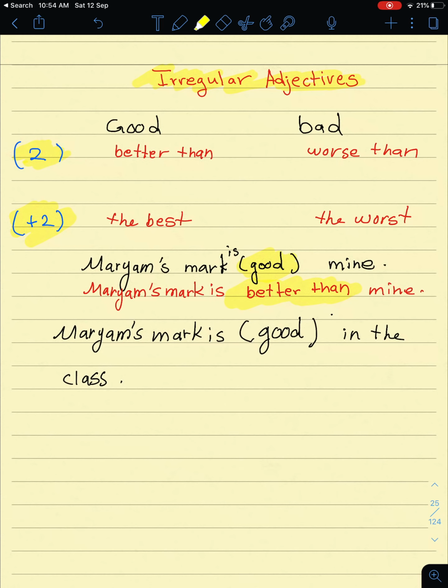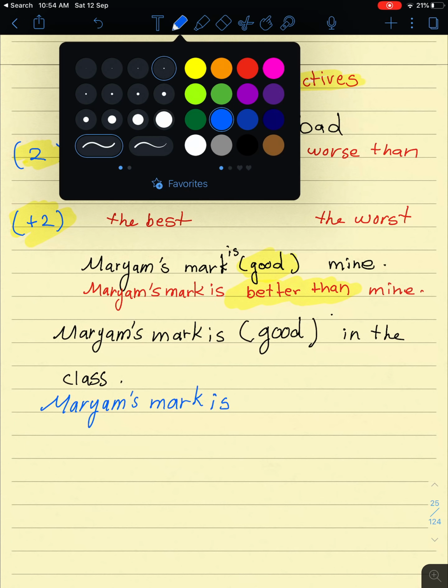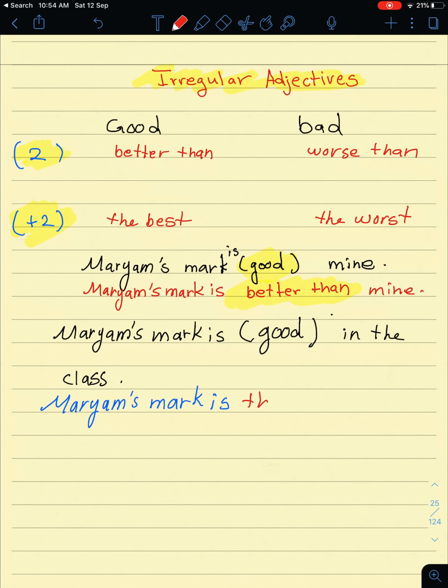So this is the superlative adjective. It will be بتكون okay Miriam's mark is, again good will be yes when we compare the best. Sorry, and I have to طبعا write is the best.